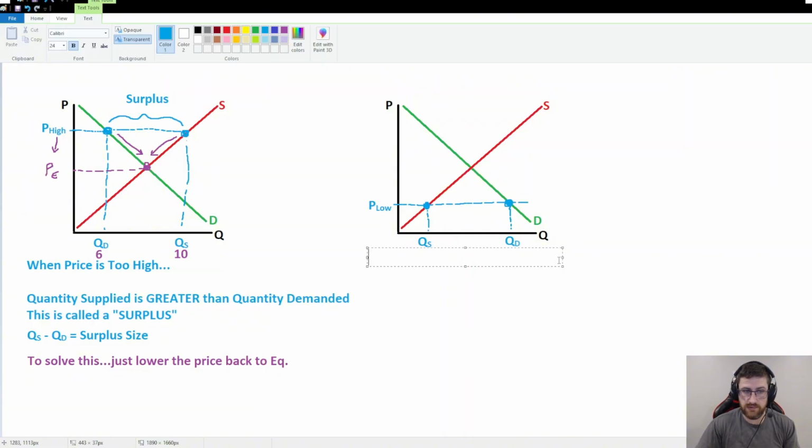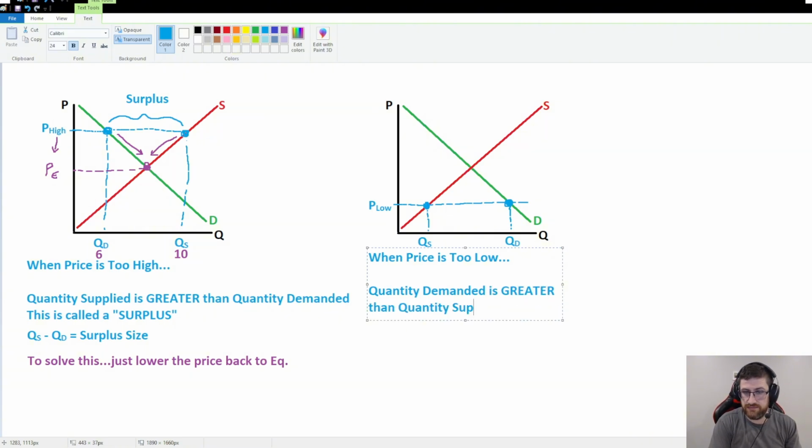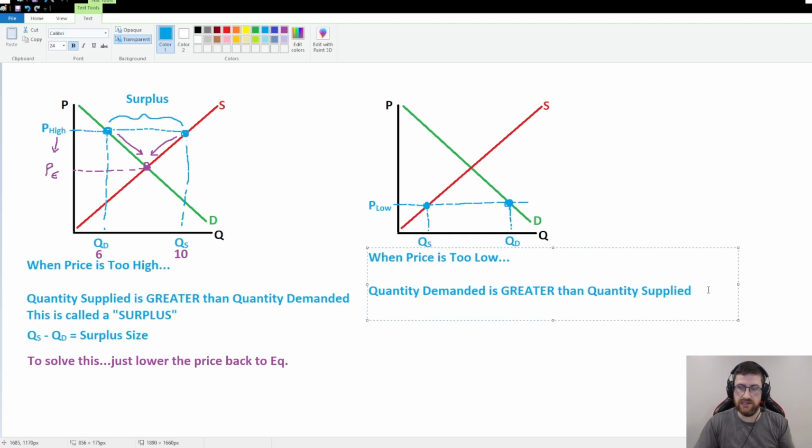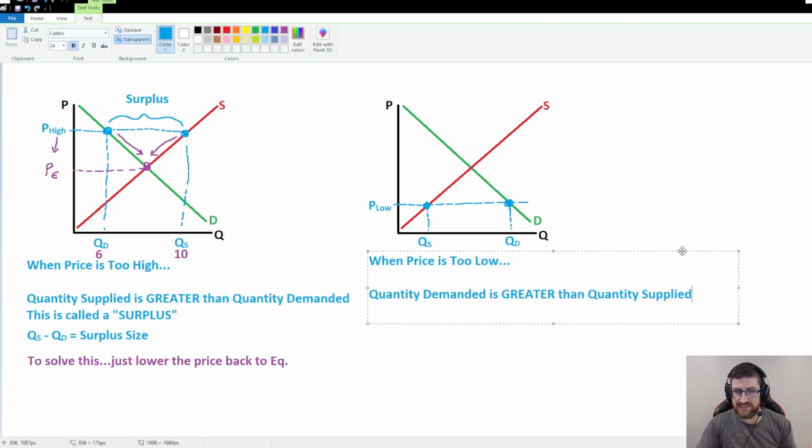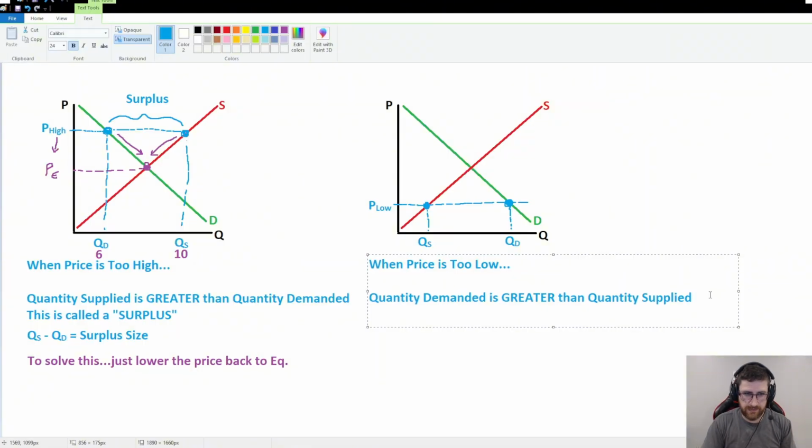So for this one, when price is too low, what's going to happen? Well, quantity demanded is greater than quantity supplied. Again, you could also say quantity supplied is less than quantity demanded. They mean the exact same thing. Pick your poison.